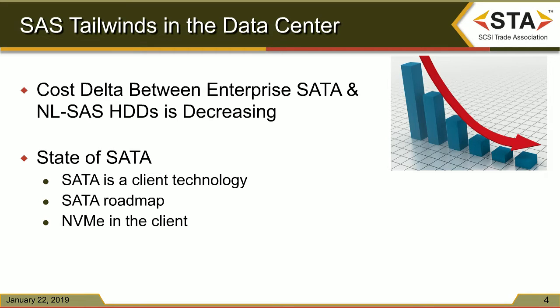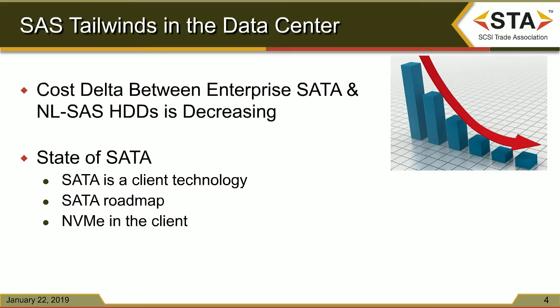Also, as a client technology, SATA is inherently less reliable than SAS. In the scale of a modern data center, which can be massive, this can be significant and needs to be accounted for in metrics like total cost of ownership, so it can't be underestimated. From a spec perspective, at the physical layer, SATA has been capped at 6 gig for quite some time.